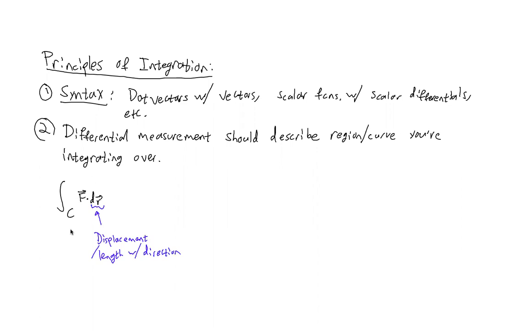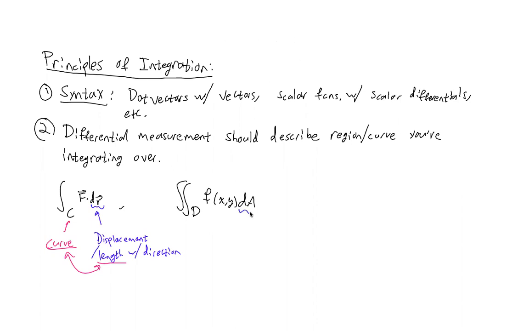And if you think about something as length, or especially length with direction, that describes a curve. Curves have length. Versus, for example, something like the double integral over some region D of some scalar function f(x,y) dA.